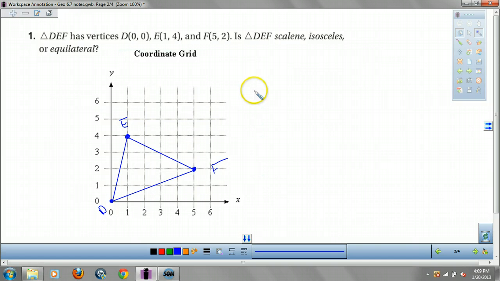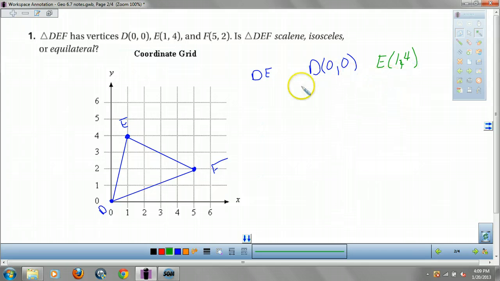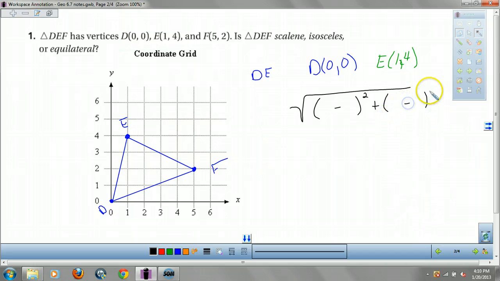So here's what we have to do. You have to find the length of each segment. First, let's find the length of DE. D was (0, 0) and E was (1, 4), so we do our distance formula: square root of the difference of my x's squared plus the difference of my y's squared.